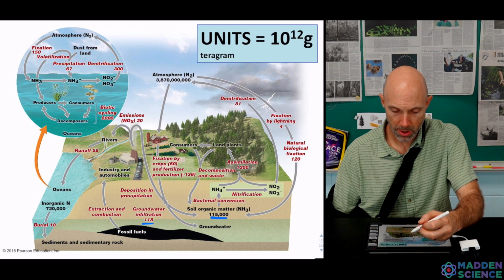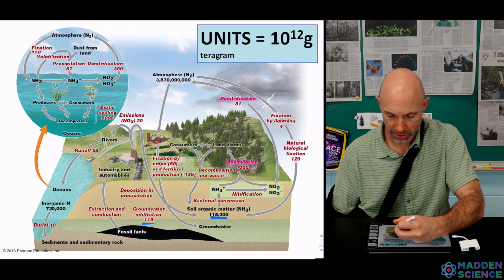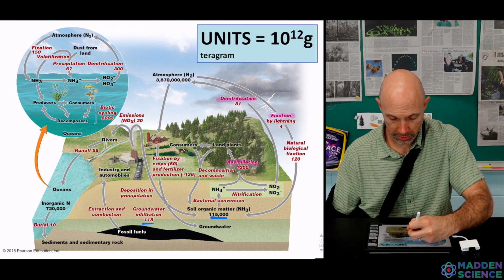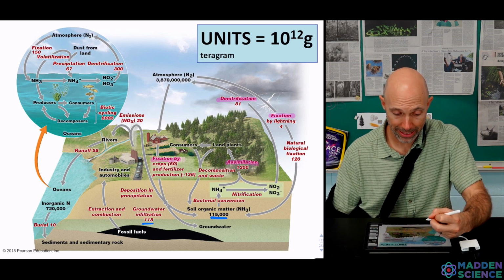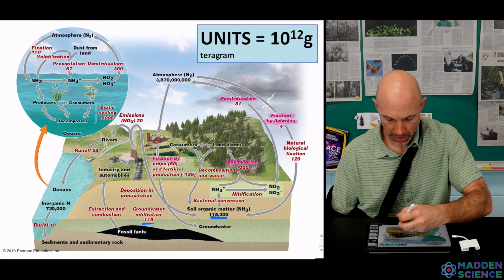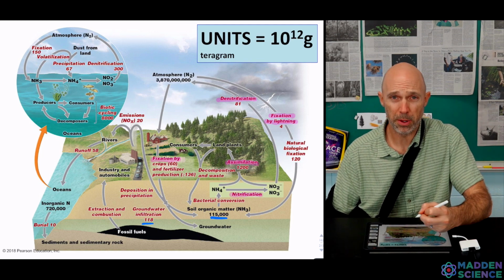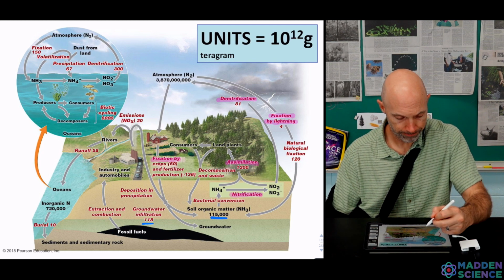The most important parts in here, at least for our purposes, are denitrification, assimilation, fixation, again by crops and fertilizer, by bacteria, by some plants, by lightning. The chemical transitions here with ammonium to nitrate and nitrites.